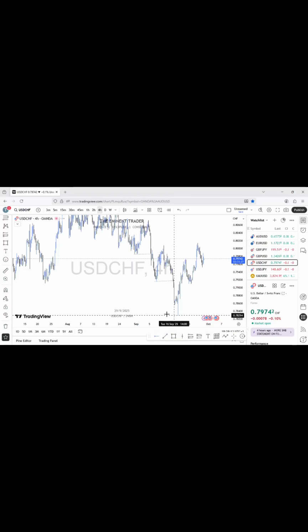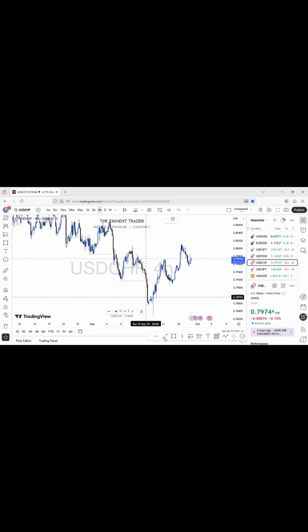But the area that created that low has been taken out. Has it actually been taken out with the full body? Yes, it has. So now there's a shift, and there'll be a possible break of structure.